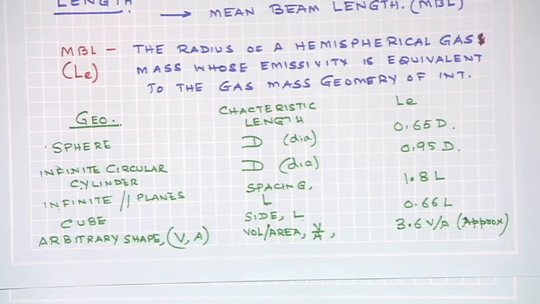So, for the gas mass of any geometry that is available to us, if we can find the corresponding mean beam length LE, then that LE would be used in all the relations and correlations that we have developed so far for the case of gaseous emission. So, the point therefore is how to find LE for any arbitrary geometry.